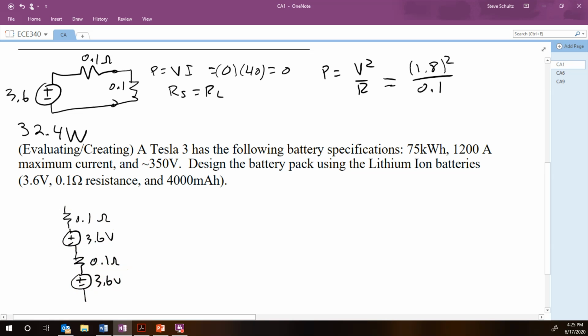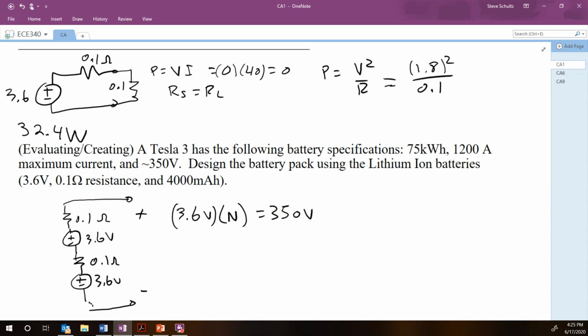You know, dot, dot, dot. And then we're trying to measure what is the voltage across here. Well, this is an open circuit. There's no voltage drop across my 0.1 ohm resistor. So then I'm going to have 3.6 volts times some number of batteries in series is going to be equal to 350 volts.